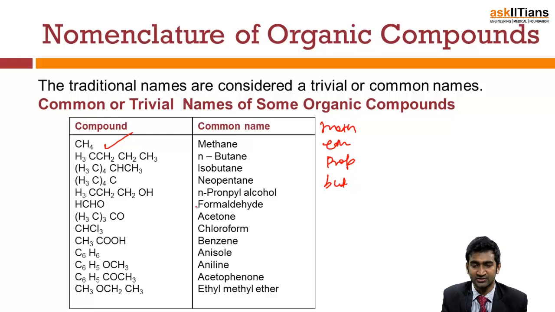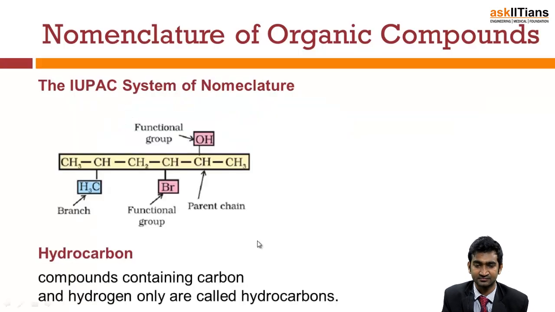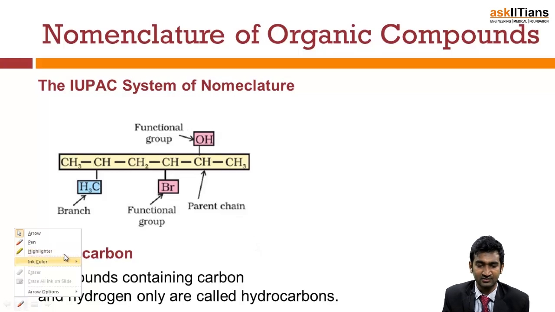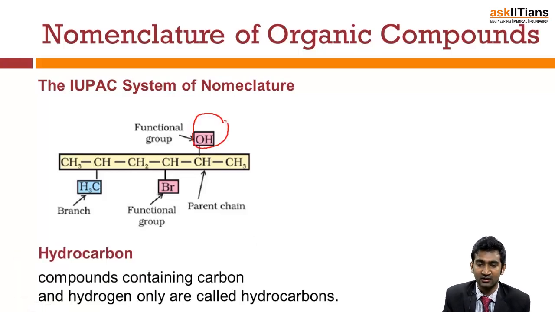We will see. So here you can see acetone also, the nail paint remover. Chloroform, benzene, aniline, these are all common names, guys. In IUPAC nomenclature, you will have a functional group. Like here, alcohol is present.